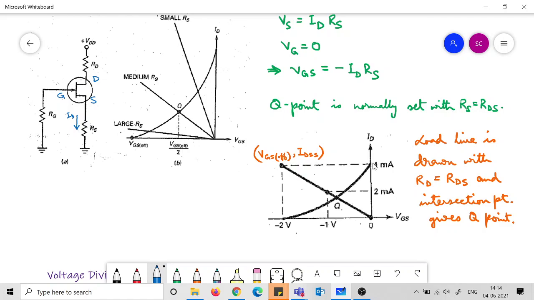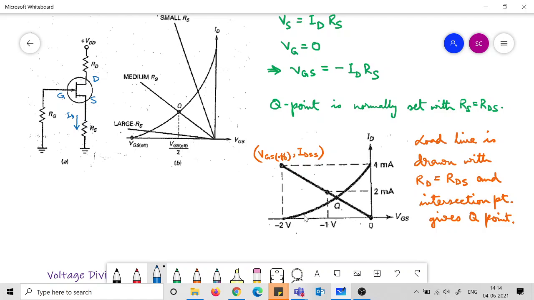If your current was IDSS, your VGS value would be VGS off. You can actually take these 2 points and connect from the origin to this point, and that would intersect at some point in the transconductance curve, and that is your Q point. So you have to find out the value of this point from this curve.